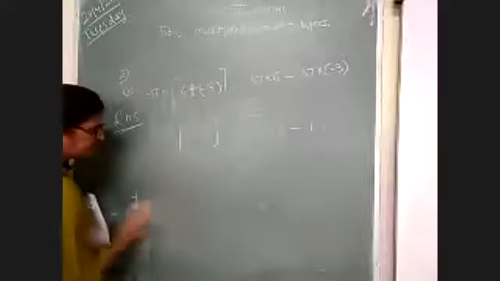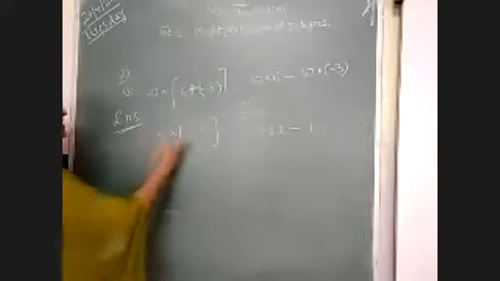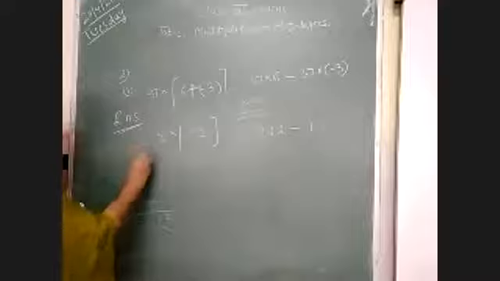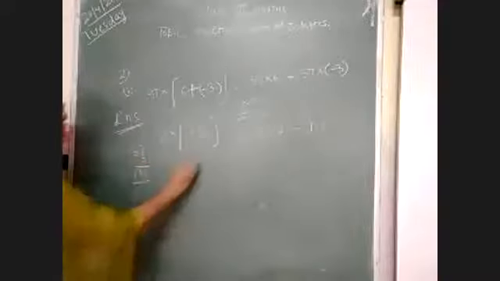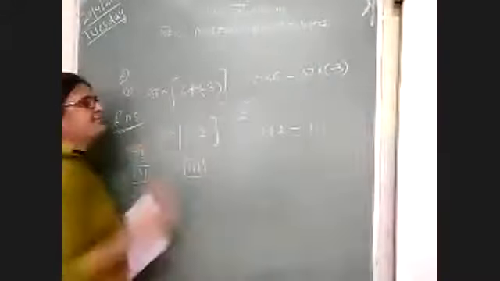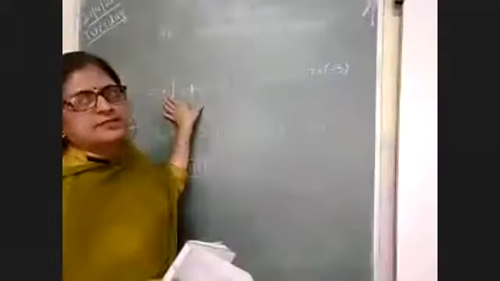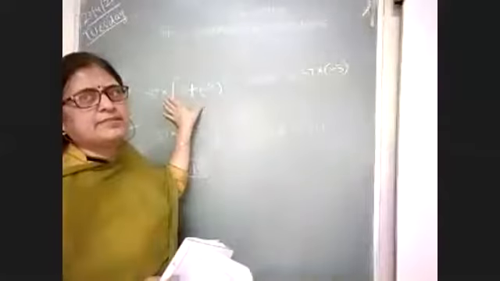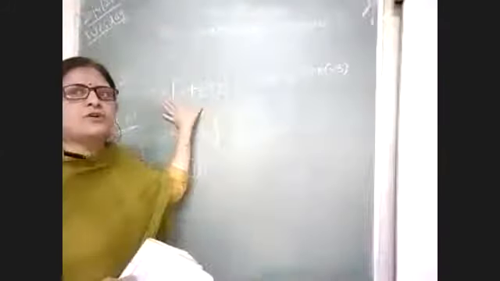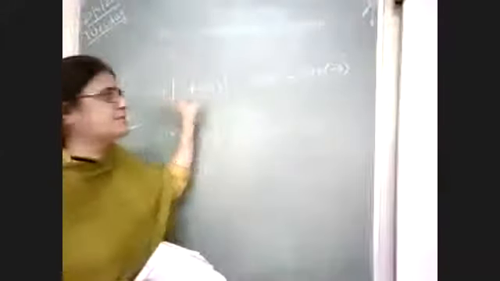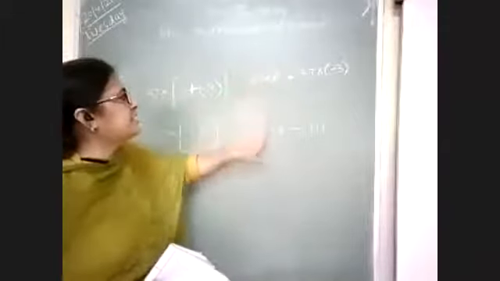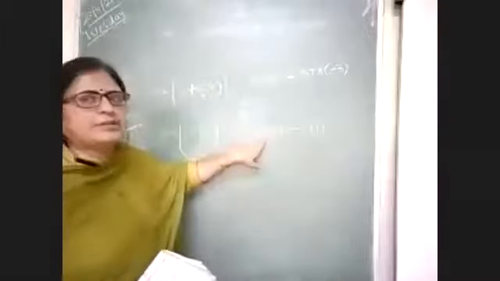Multiply sign is not given in the bracket. So 37 multiplied by 3 is equal to 111. Okay. And the property is the distribution law of multiplication over addition. 37 multiplied by 6 is 222.